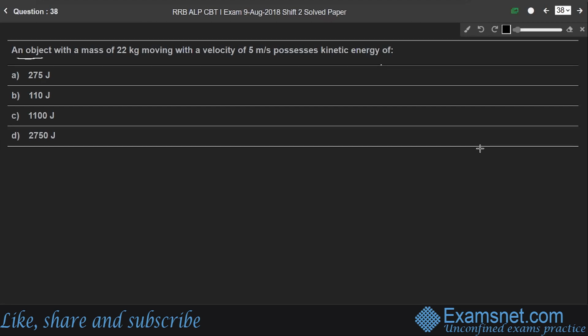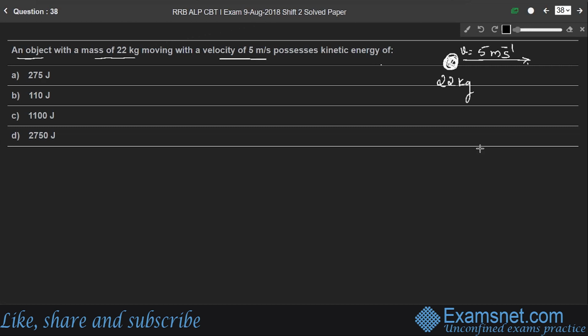Question 38. An object with a mass of 22 kg moving with a velocity 5 meter per second possesses kinetic energy. So here we'll consider an object whose mass is 22 kg and moving with velocity v equal to 5 meter per second.